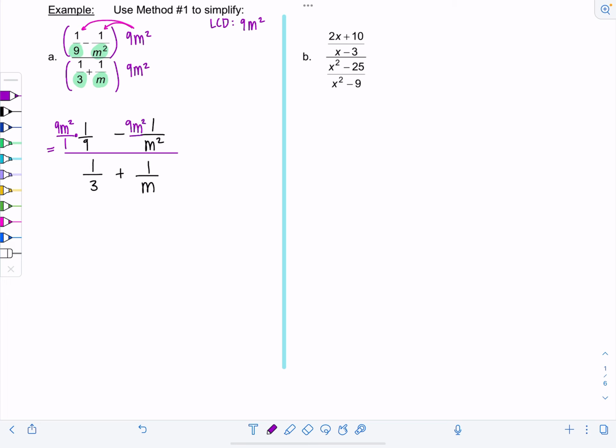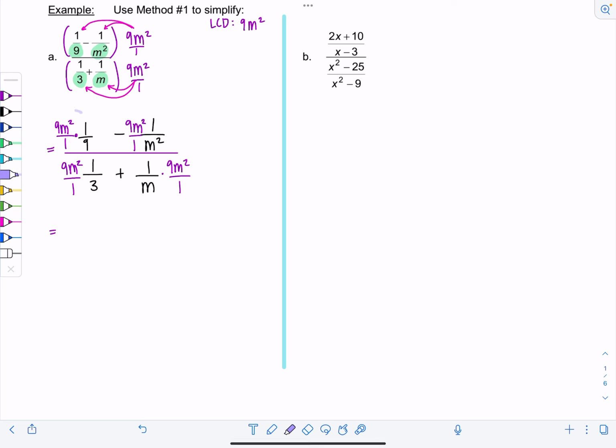And then it also distributes to the terms in the denominator. So let's write it out here, 9m squared over 1, 9m squared over 1. When you multiply the LCD to the numerator and denominator, it's always over 1. Good. Now let's clean things up.